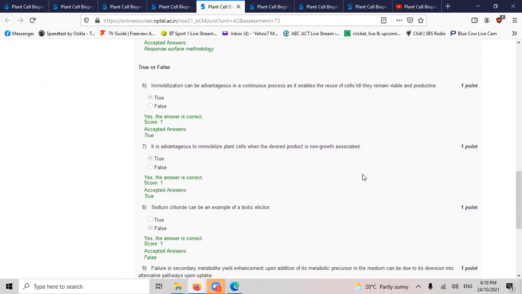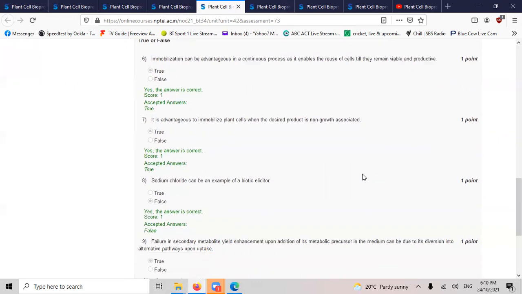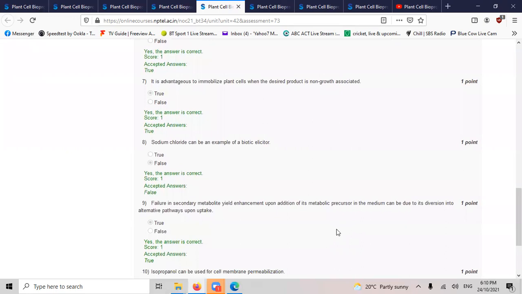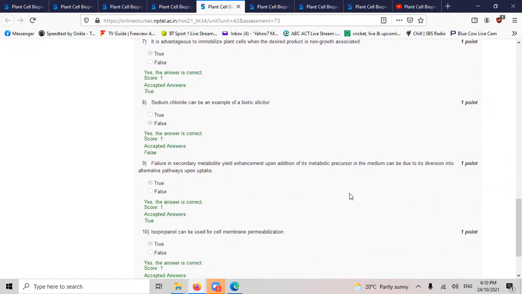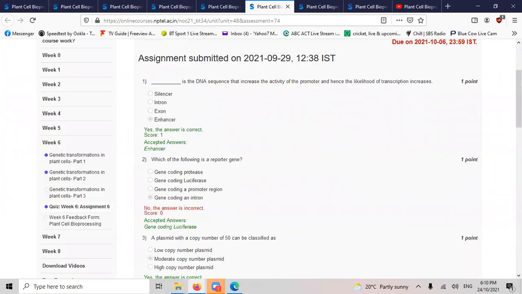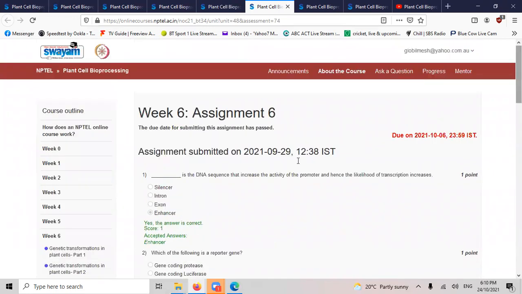Yes, true. Isopropanol can be used for cell. Yes, that definitely can. That breaks them up a bit.